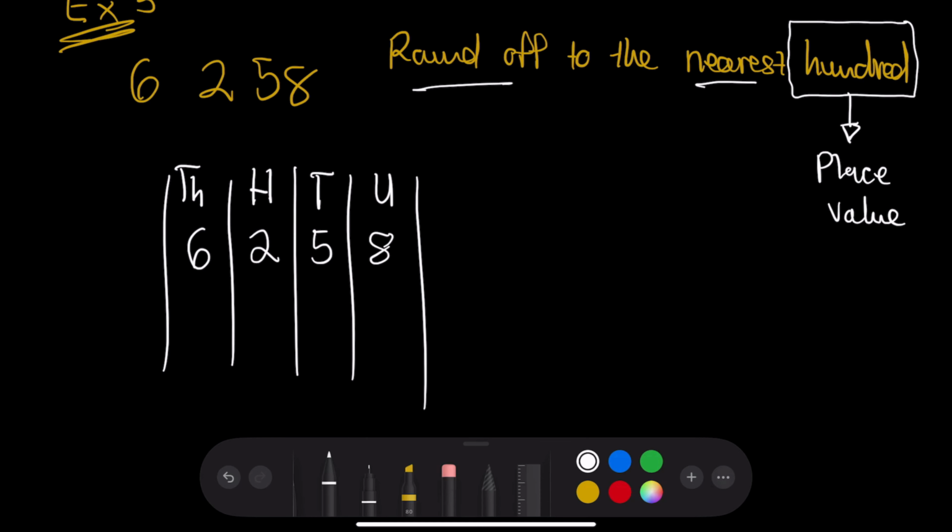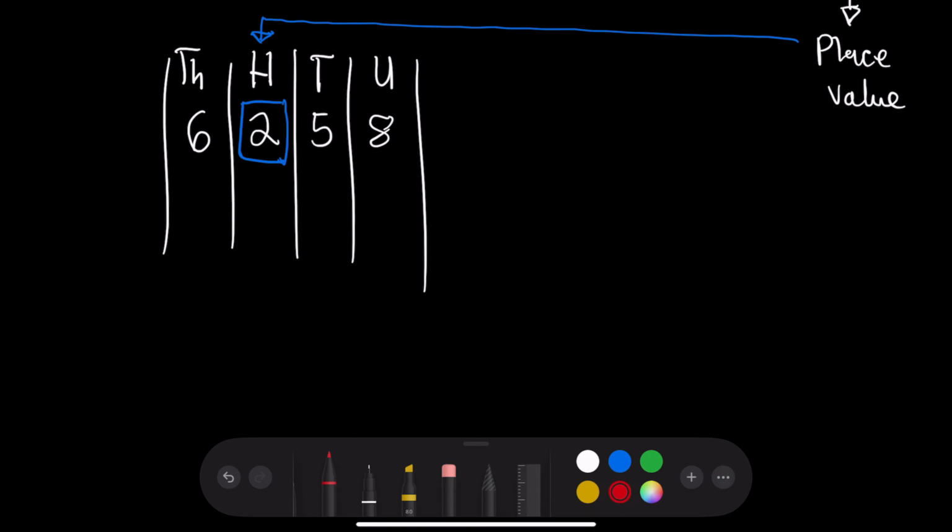It's asking me to round off to the nearest 100. So I take my square and I focus on the place value being referred to, which is 100, the hundreds column. Then once again, I have to look to the right of my place value.